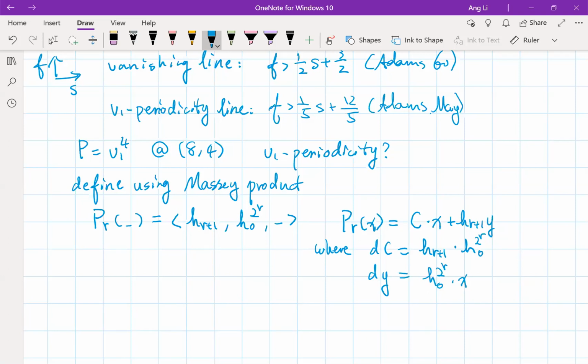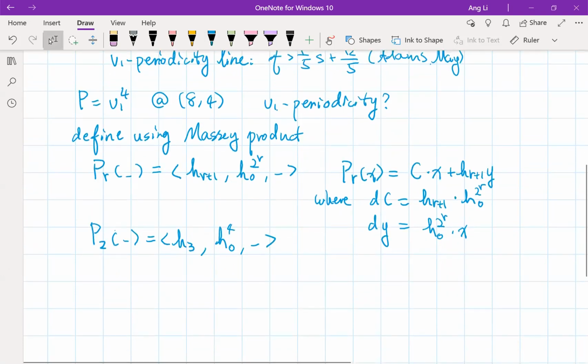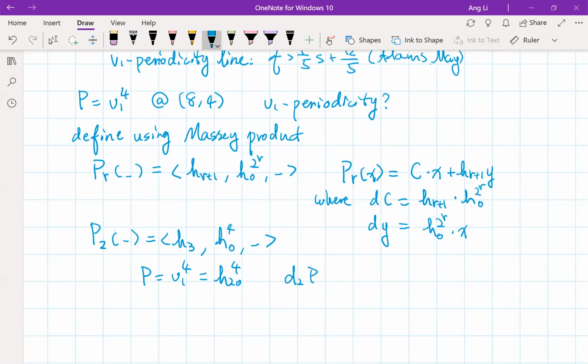Okay, so if I'm considering P sub 2, then this will be H3, comma, H 0 to the 4th, and then the bracket. And we know that this P, which is V1 to the 4th, if I'm writing it in the May name, it will be H2 0 to the 4th, and we have a D2 differential on P hitting H3, H0 to the 4th.